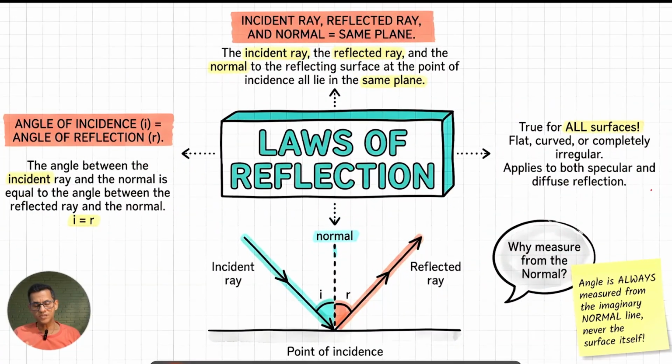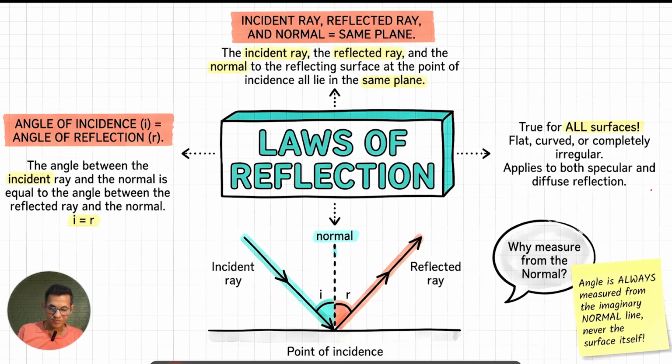The first thing that we will see here is the reflection of light, which you have already learned in your lower classes. So let's quickly revise what is reflection of light and what are the things that we need to remember. Reflection of light simply means bouncing back of light when it hits any smooth surface like a mirror.